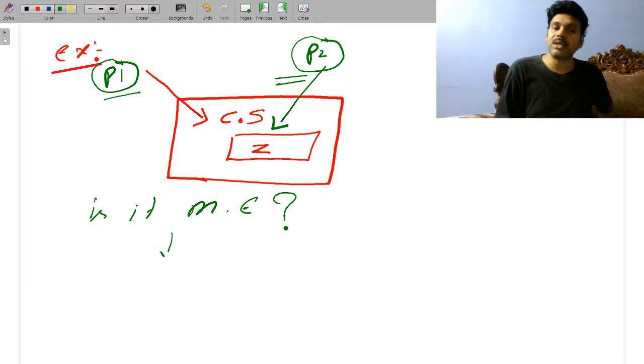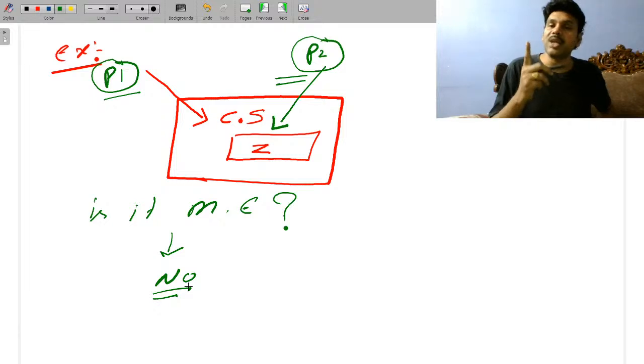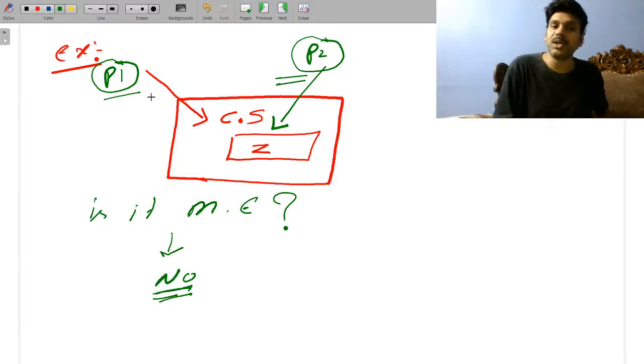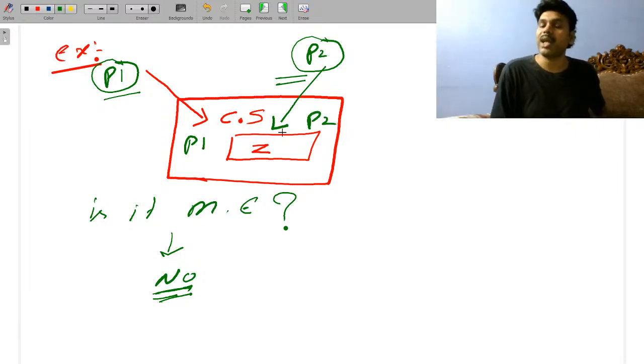Then we will say no, because mutual exclusiveness tells you that only one process or one thread at a time can access the critical section. Otherwise, only one process or thread can be inside the critical section one at a time. Therefore, it is not satisfying such a property, because P1 is inside to access Z and P2 is inside to access Z.